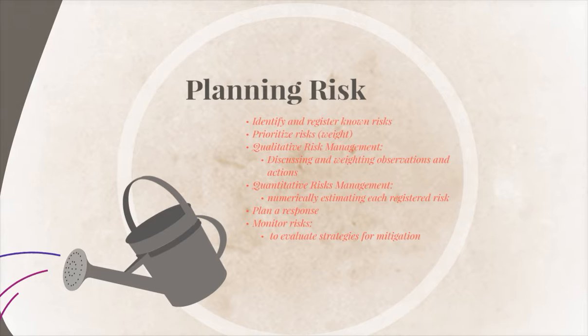Planning risk is one of the things that a lot of junior project managers don't like to do, because it's taking a lot of time and effort to first really look at and identify and register every single known aspect that could be a risk, and then prioritizing these risks and weighting them into a scaled version.